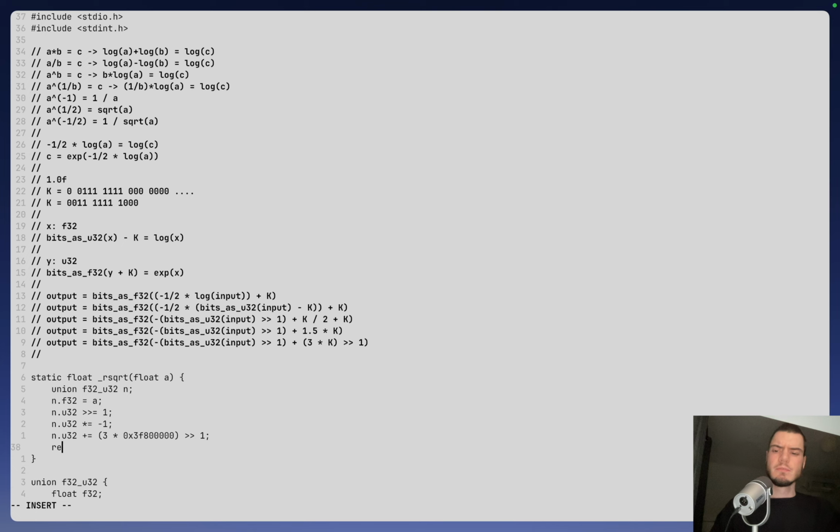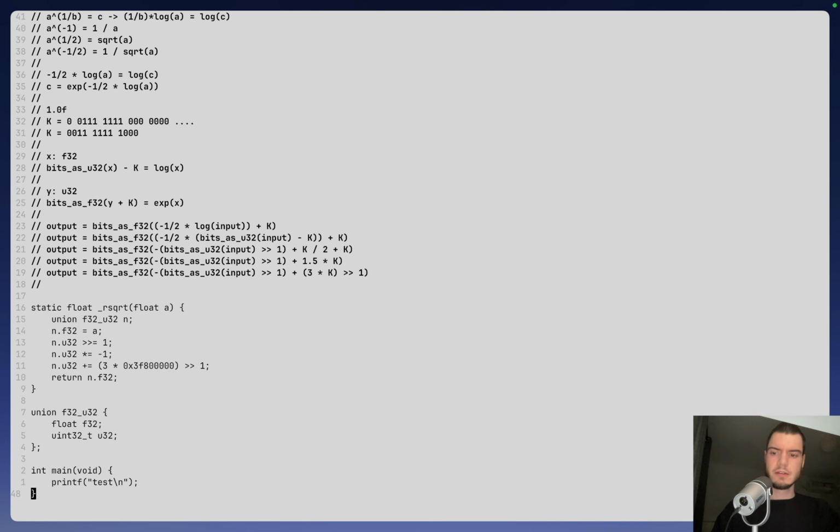And now we can just return the floating point part, or rather the floating point interpretation of these bits. Let's just try and see what that gives us.